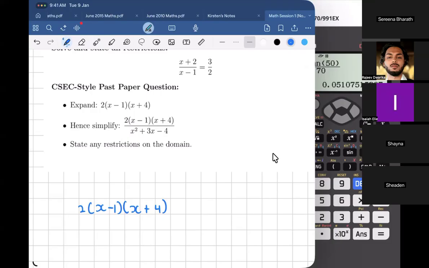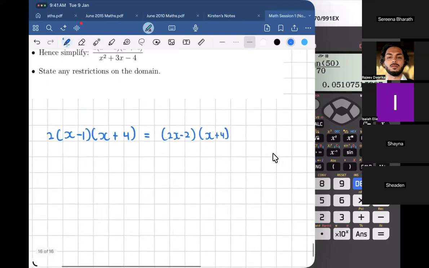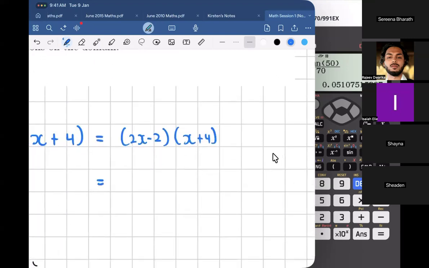Expand the brackets last. Okay, so you want to leave the 2 here, expand the brackets and then multiply by 2? Oh, wait, actually, the other way. Okay, if I multiply 2 by x minus 1, I'll get 2x minus 2, then x plus 4. What next? I trust I know what to do from here. 2x by x, starting you off.